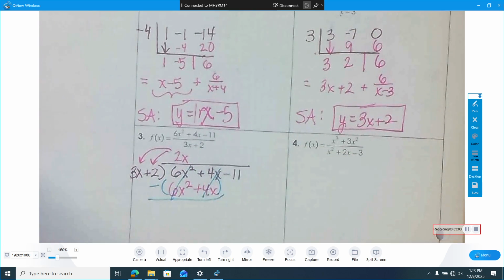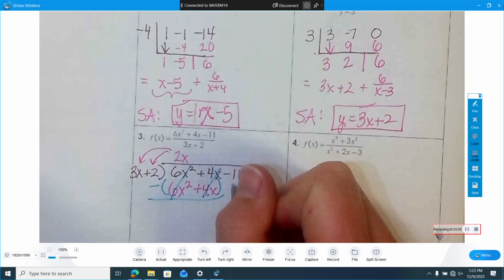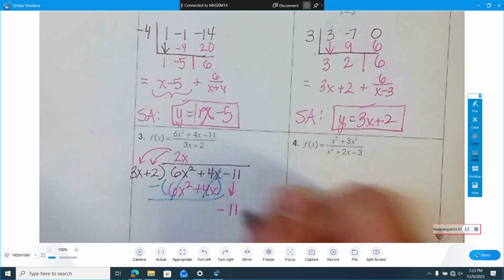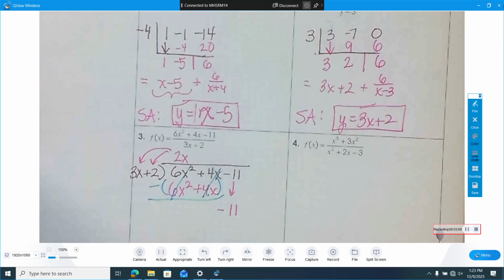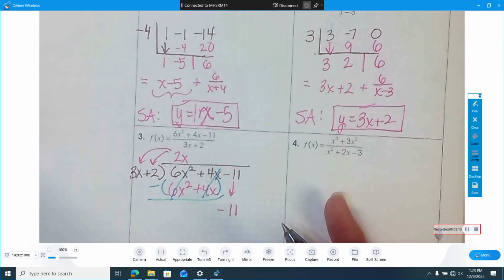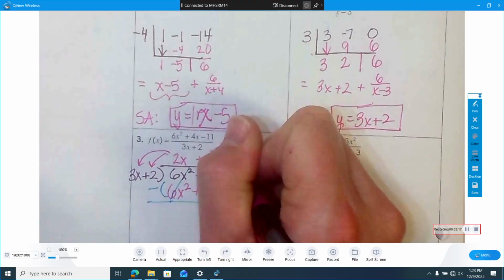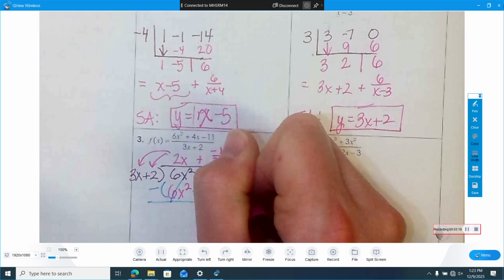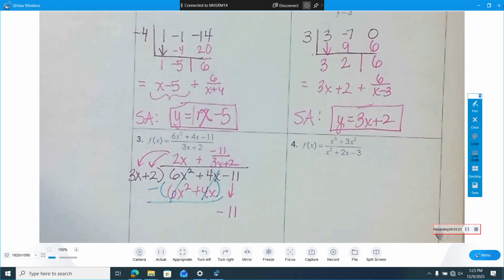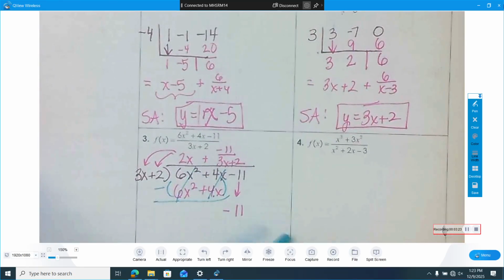Oh, that's kind of interesting. Okay, so we bring down the negative 11. And hey, that's our remainder, because I can't do any more division. So then that would be plus negative 11 over 3x plus 2. All right, so there's our remainder over divisor.